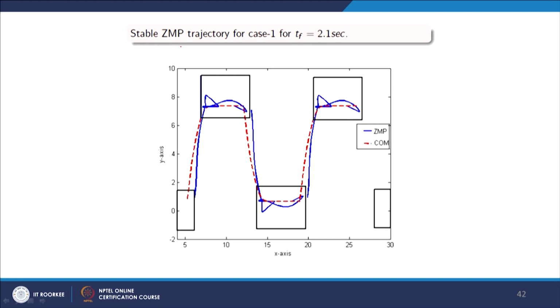This is the stable ZMP trajectory for case 1 for the time 2.1 second. It is shown here. The blue color represents the ZMP and the red one represents the center of mass of the object.